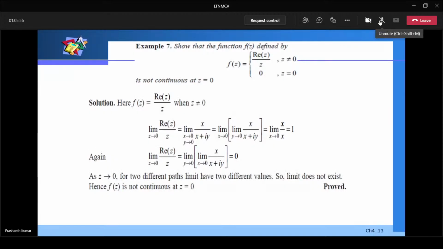Okay, this is the last slide of today's class. See what we discussed in today's class, especially the function in complex variables. Z is the argand plane we are considering.